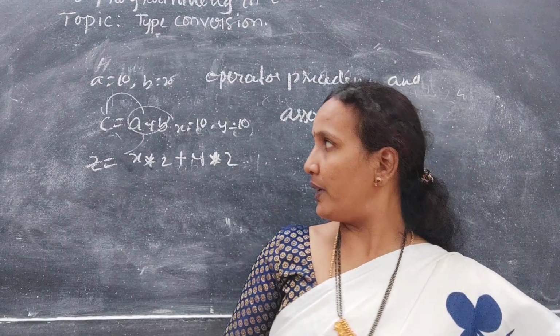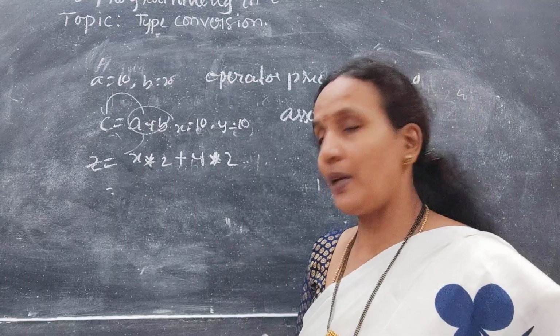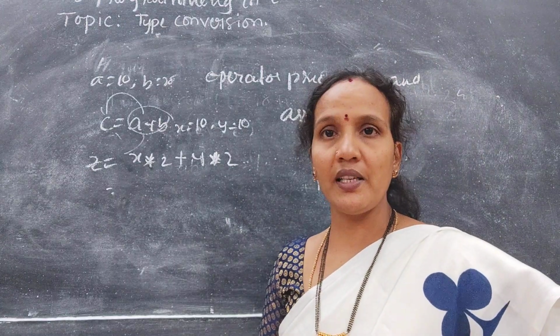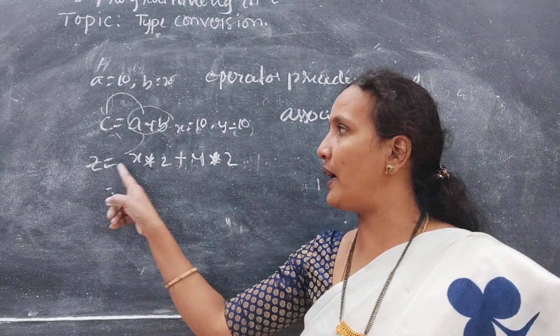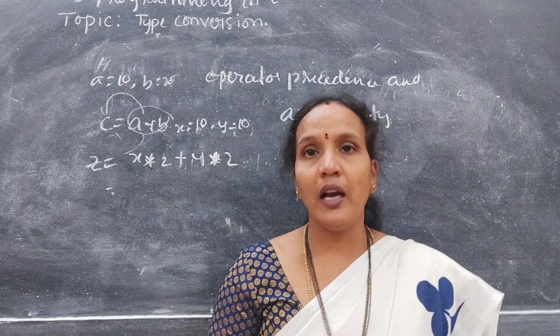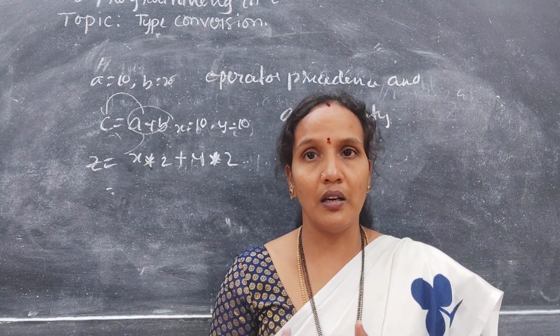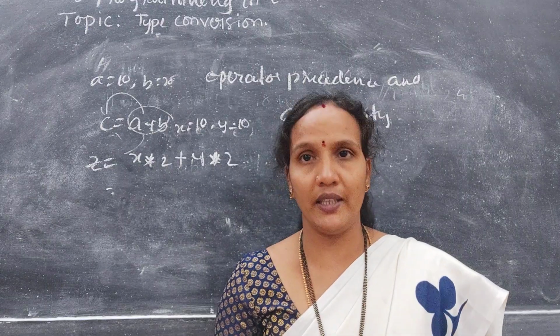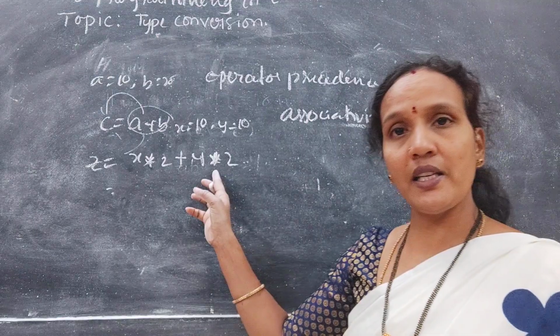According to the C programming rules, multiplication has a higher priority than plus and equals. Means in any expression, if you have an addition and a multiplication, multiplication is evaluated first, then we go to the addition.